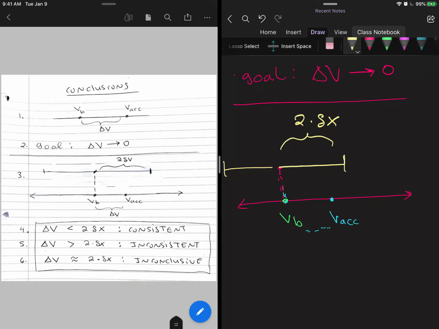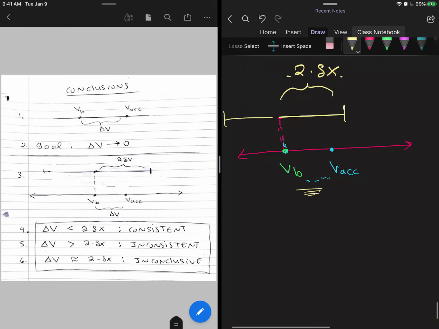So we're going to compare the discrepancy to 2 times the error. If the discrepancy is less than 2 times the error, then that means that this value is small enough, and this corresponds to a consistent experiment, or your measured value is consistent with the accepted value.